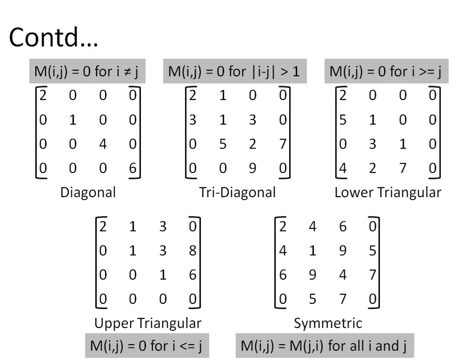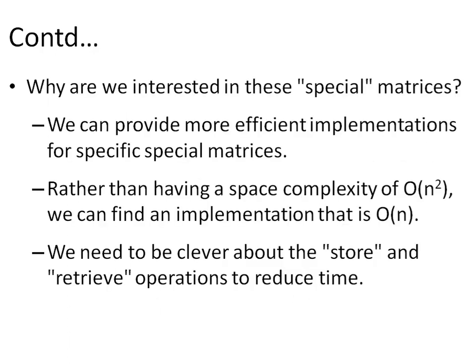Hence the complexity comes out to be n square. But here we will try to reduce this n squared complexity to linear space complexity. By doing this modification, one has to also work on the operations of retrieval as well as storage to have better time complexity too.